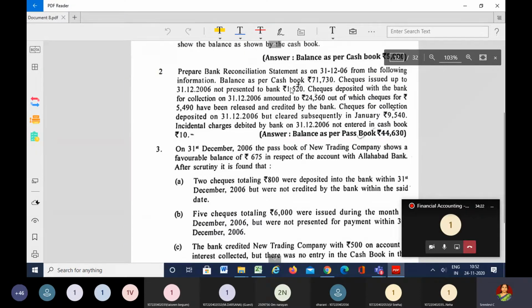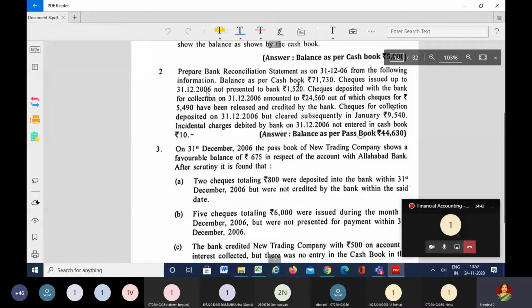Okay, so according to this, actually the balance whatever is being provided over here is the favorable balance. That means this much amount is available in our bank account, that is 71,730. Okay, now followed by what it says here, checks issued up to 31st of December 2006.